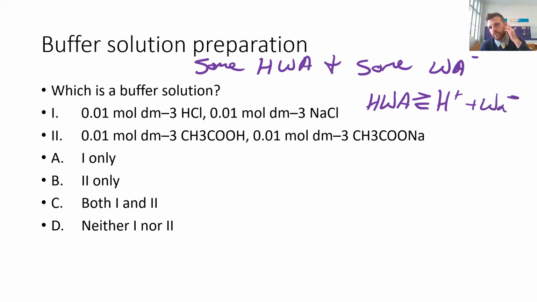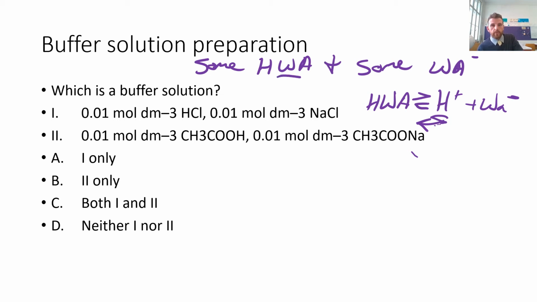A buffer solution utilizes Le Chatelier's principle to keep the pH fairly resistant to change. So if you ended up removing some of this H plus, your HWA would dissociate more and create more of both products. Whereas the same thing but opposite would be happening if you added more H plus. So if you tried to decrease the pH, the buffer solution would just shift to the left towards the reactants a little bit more.